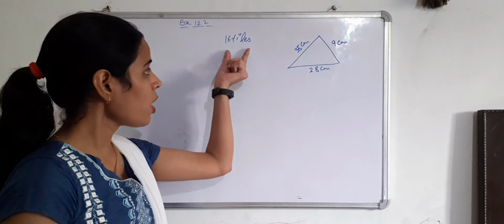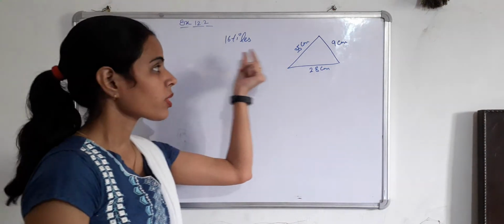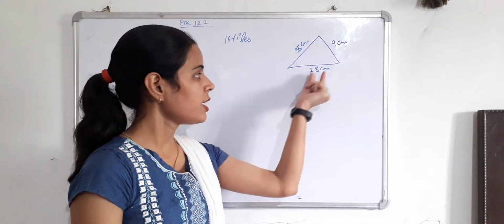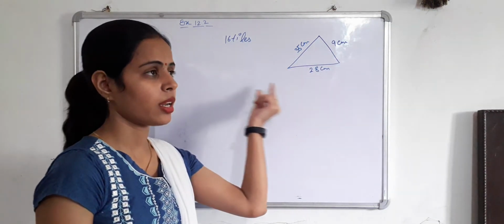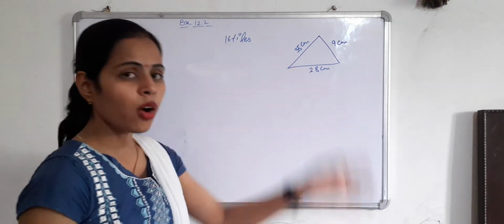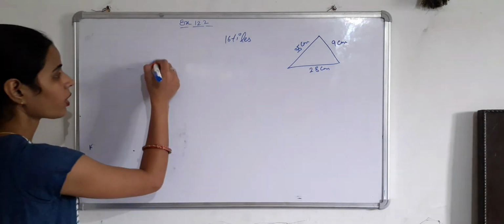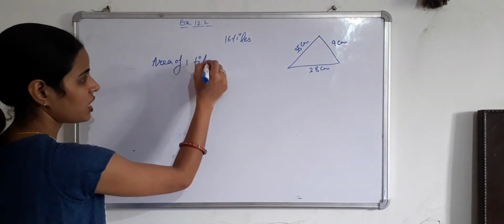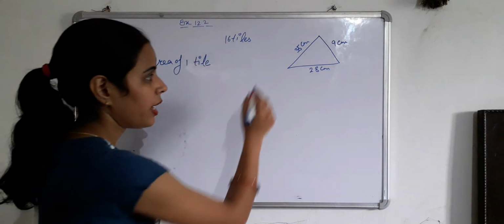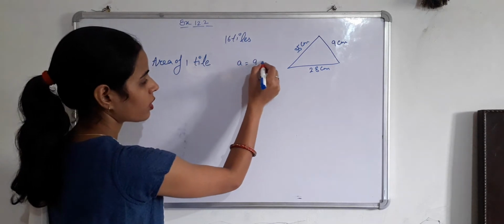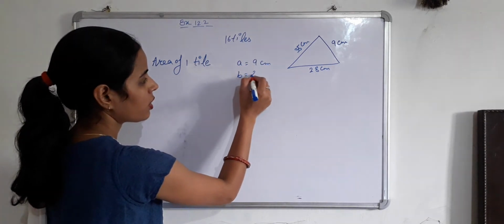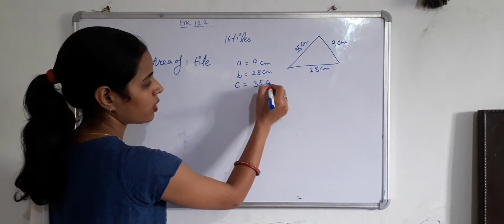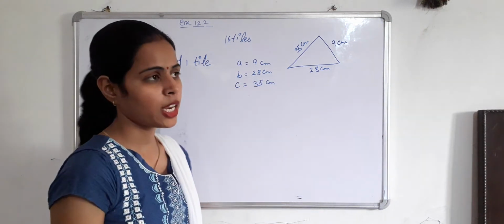First find the area of these 16 tiles. If one tile has measurements 35 centimeter, 9 centimeter and 28 centimeter, then first calculate the area of one tile. Area of one tile which is in the shape of a triangle. Here A equals 9 centimeter, B equals 28 centimeter and C equals 35 centimeter.